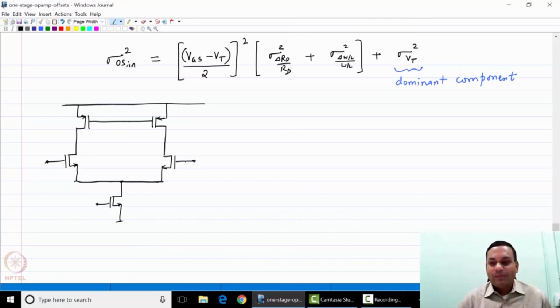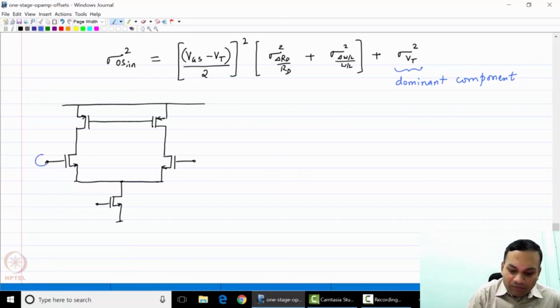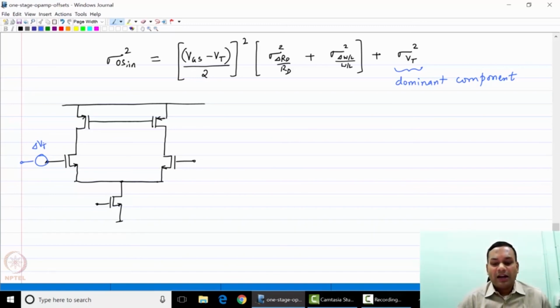Let us consider only the VT mismatch because that is expected to be most dominant. So as you might imagine, the input referred offset in the threshold voltage between 1 and 2 directly appears at the input.